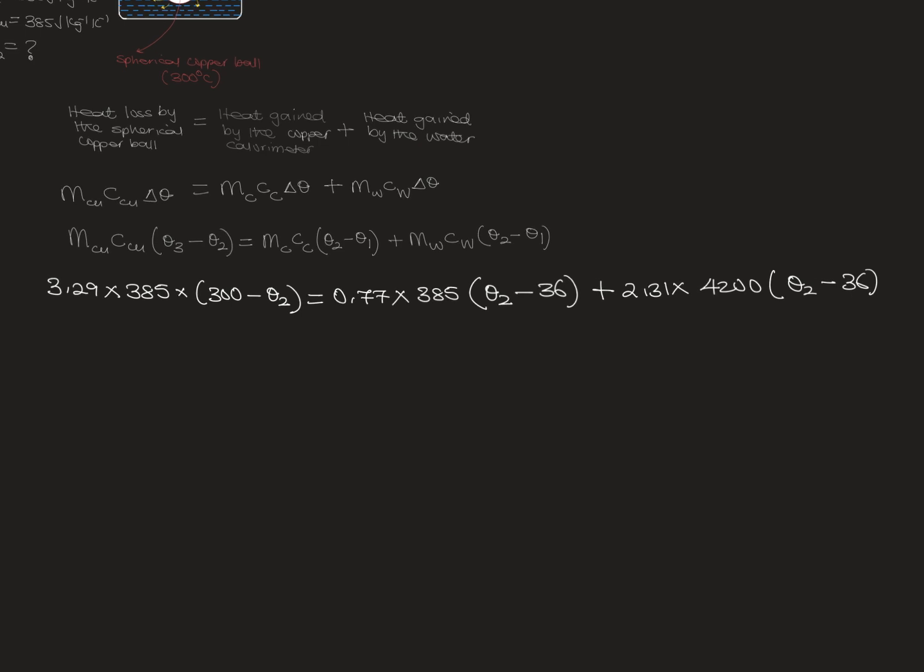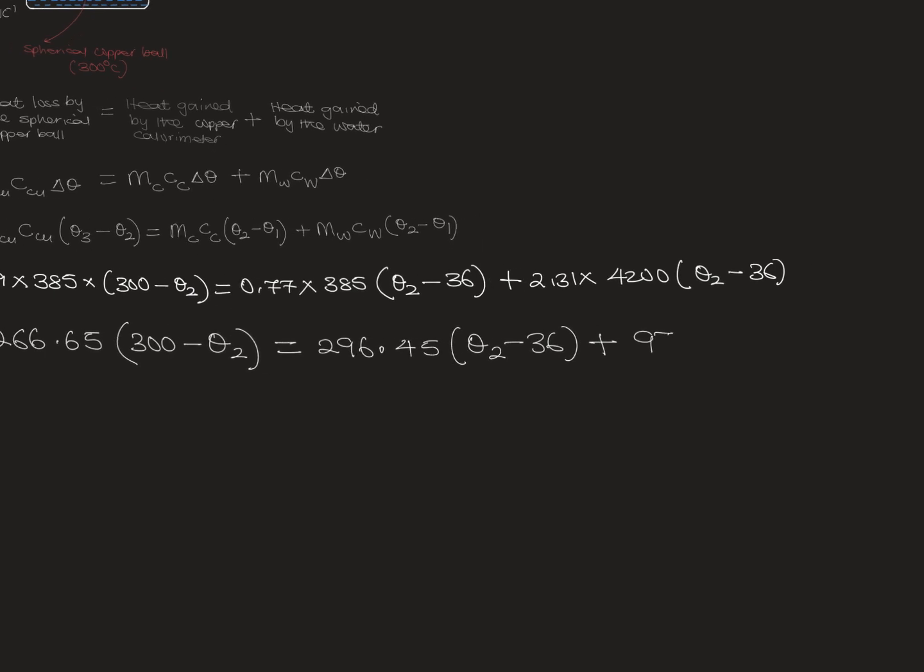3.29 times 385 is 1,266.65 into 300 minus theta 2. This is equal to 0.77 times 385, that is 296.45 into theta 2 minus 36, plus 2.31 times 4,200 is 9,702 into theta 2 minus 36.